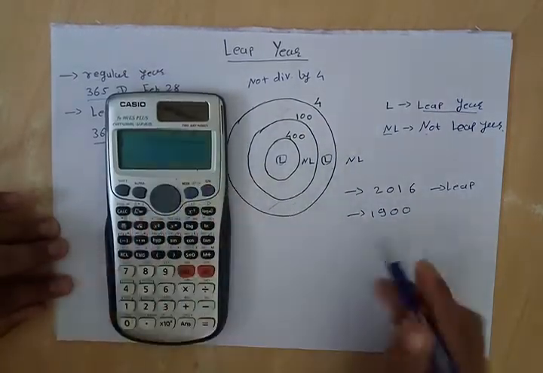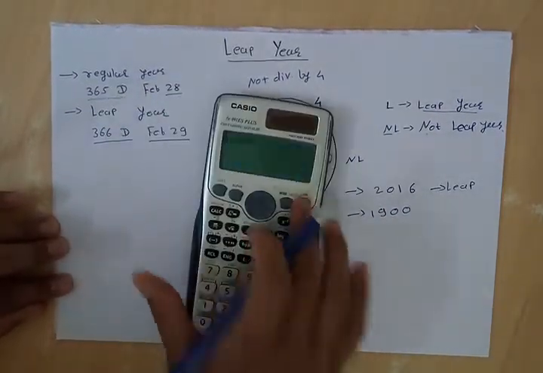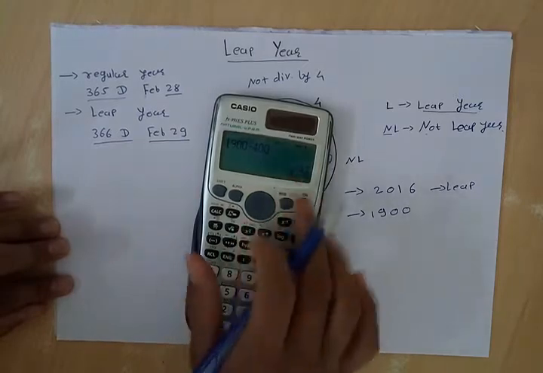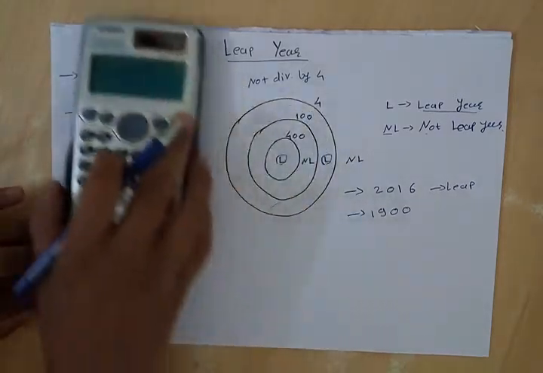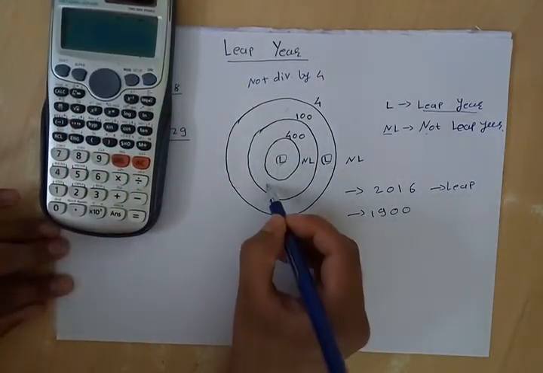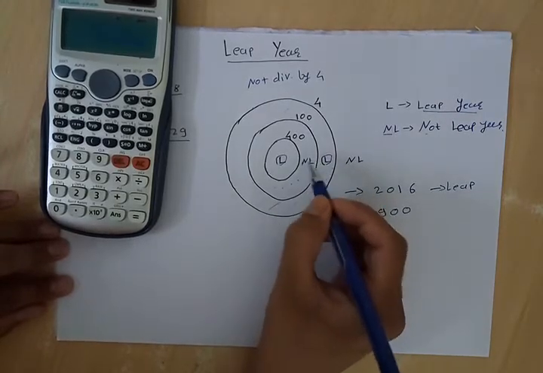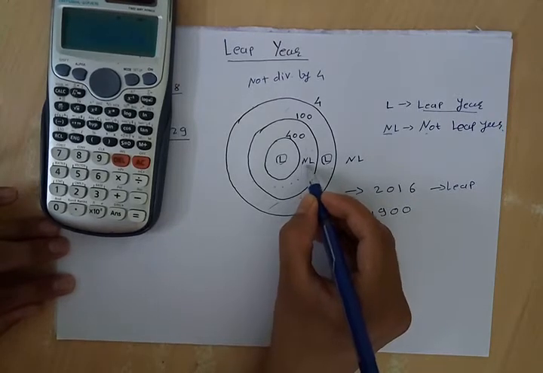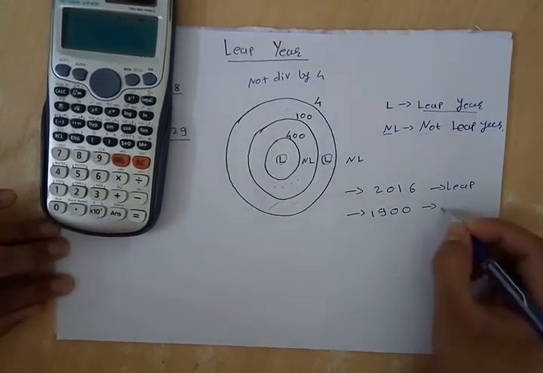Now we will check whether it is divisible by 400 or not. 1900 divided by 400: it is not divisible by 400. So this number falls in this region between these two circles, and from this label we can say it is not a leap year.